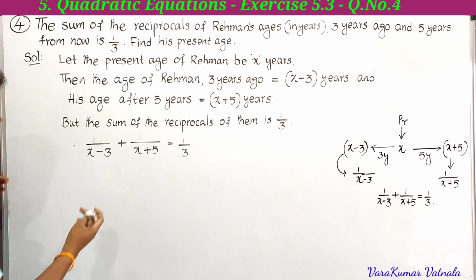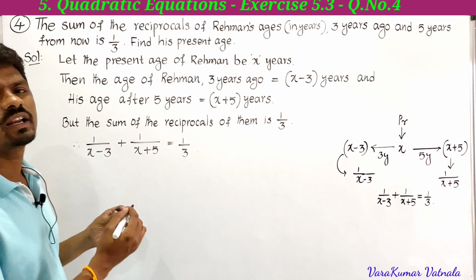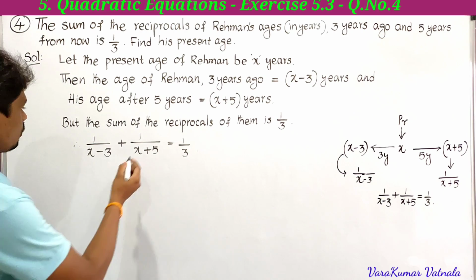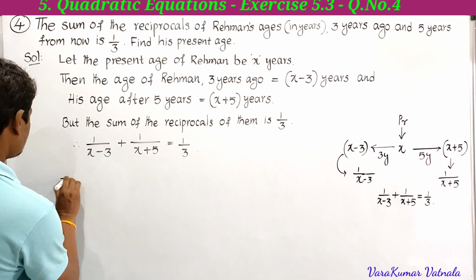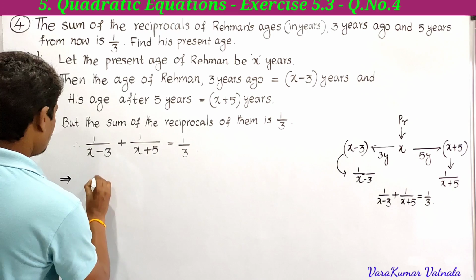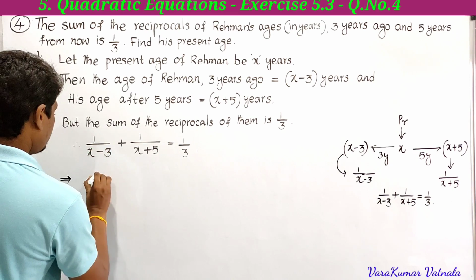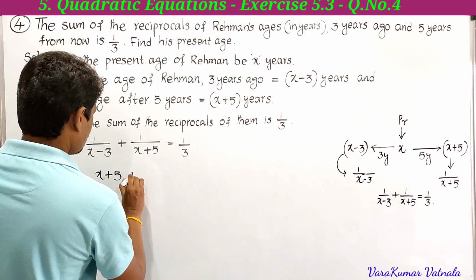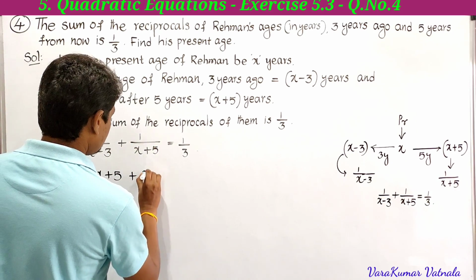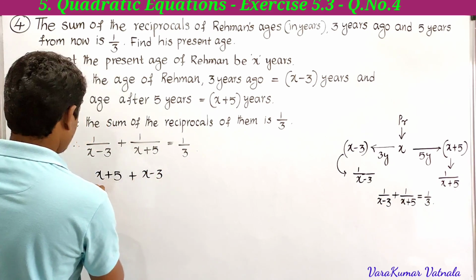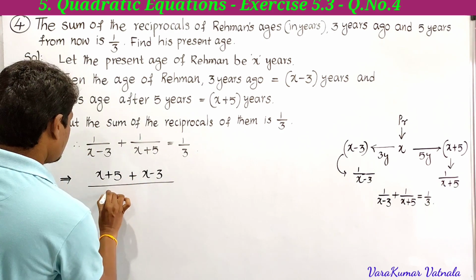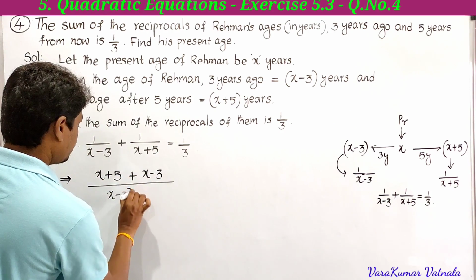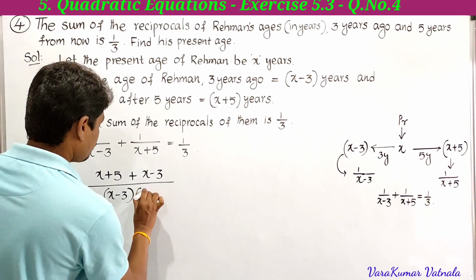So by simplifying it we can get a quadratic equation. So find the LCM. 1 into x plus 5 is x plus 5, plus 1 into x minus 3 is x minus 3, divided by x minus 3 into x plus 5, is equal to 1 by 3. The LCM is x minus 3 into x plus 5.